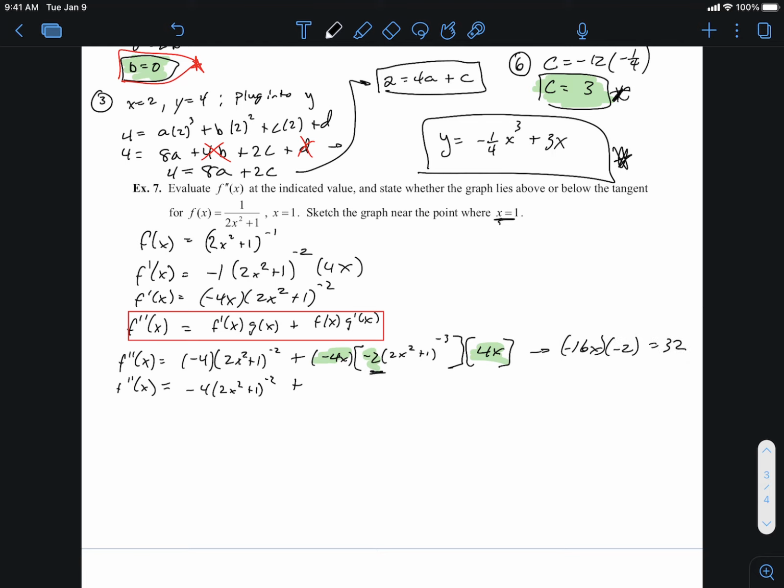And so we're going to get 32. Okay, so I'm going to add 32x, and then that's going to be multiplied against (2x squared plus 1) to the negative 3. Oh, and sorry, it's x squared. I missed that, because 4x times x is going to make x squared.